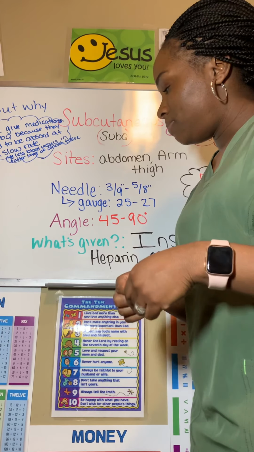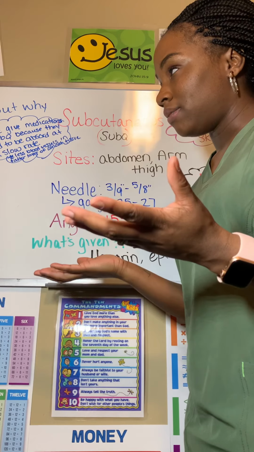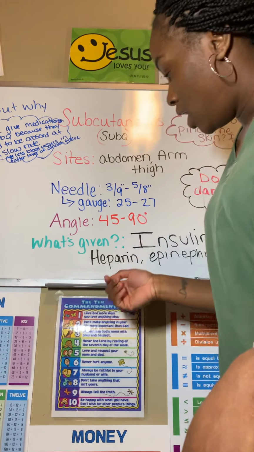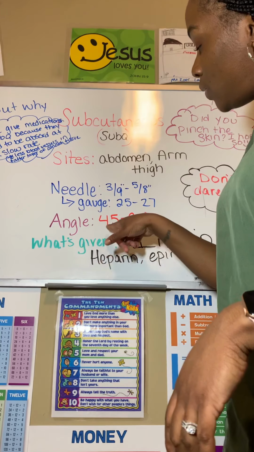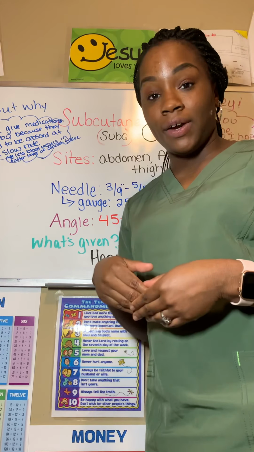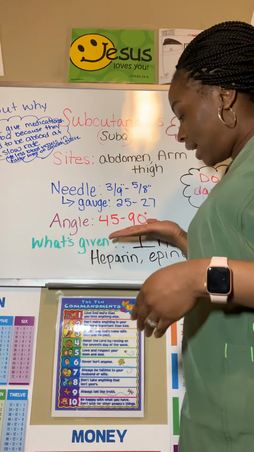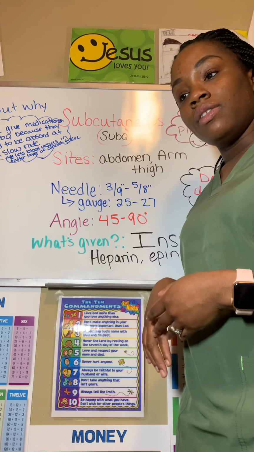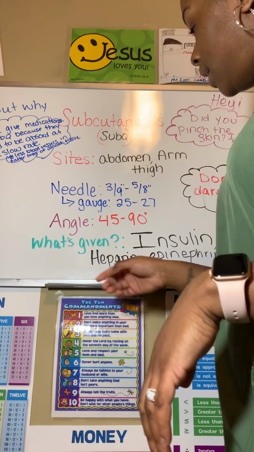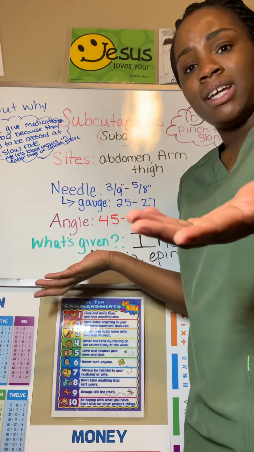And then also, what angle will I be using? Because when you administer something, it's obviously at an angle, right? When you're injecting something, you will be injecting at a 45 to 90 degree angle. And usually that 90-degree angle is for your obese patients. Okay?